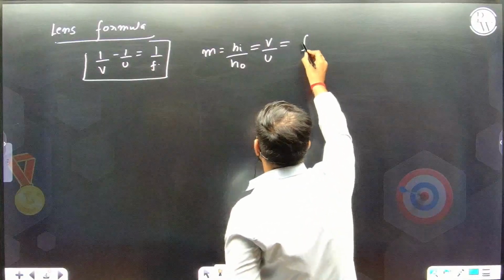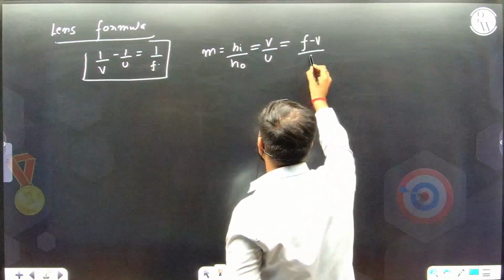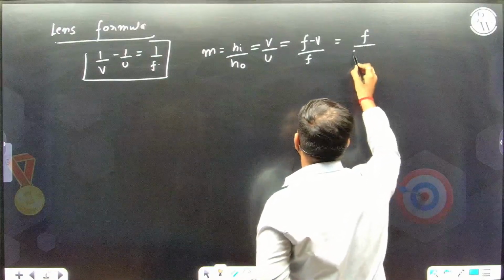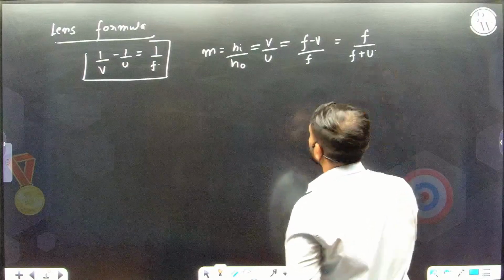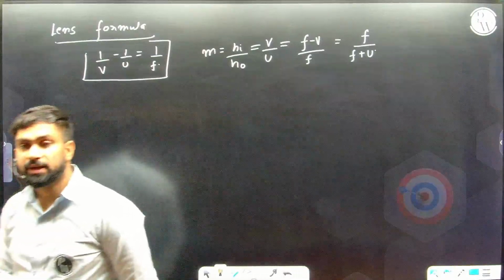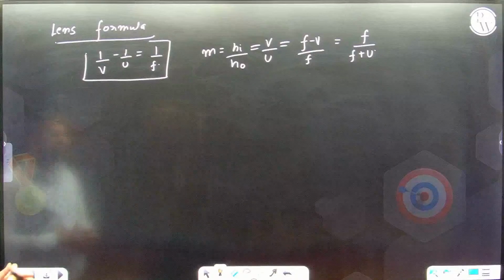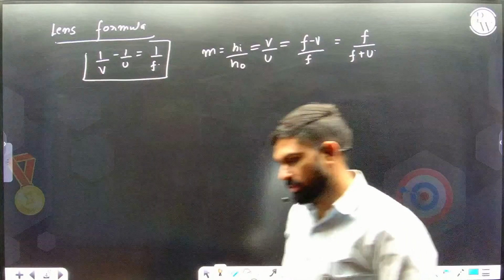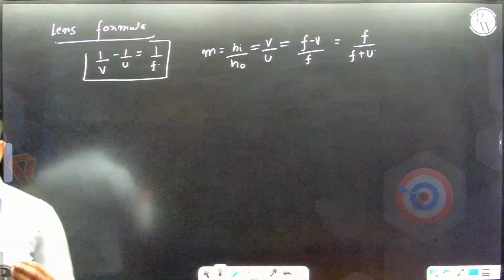Like it was F minus V upon F, so here no change, and the other one of F upon F minus U, which then becomes F plus U for the lenses. Okay, the magnification formula.